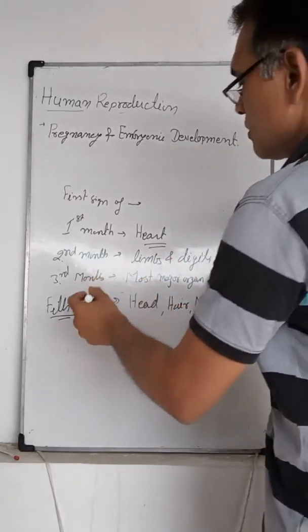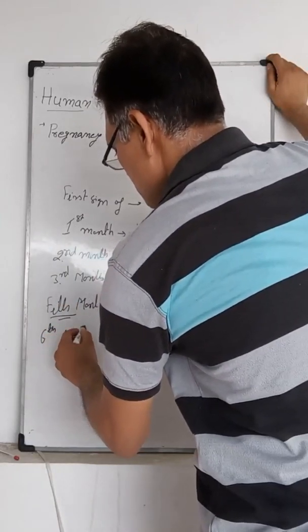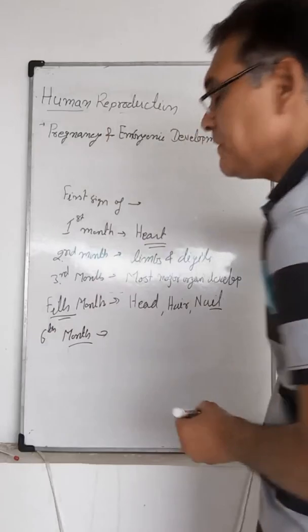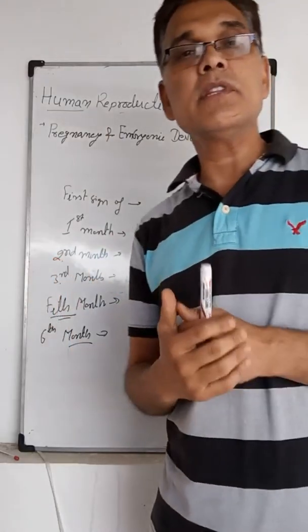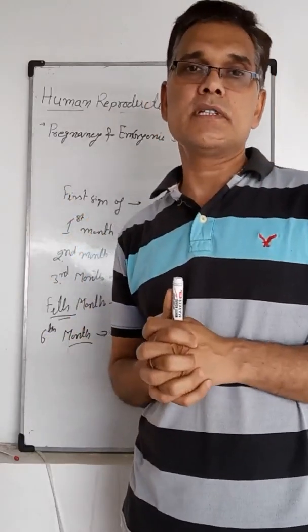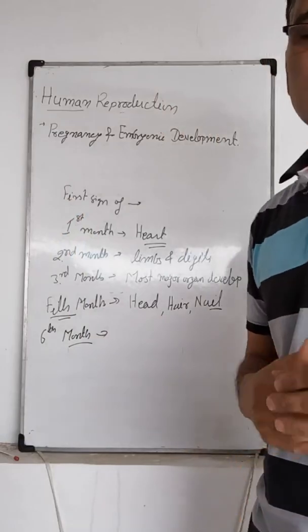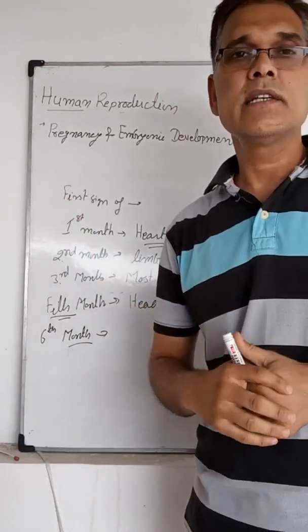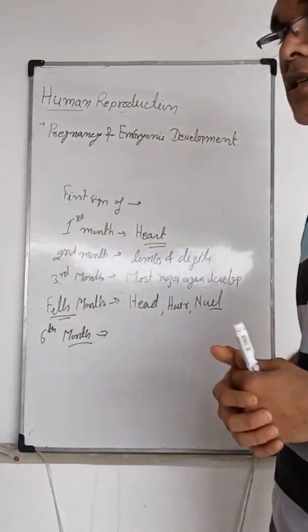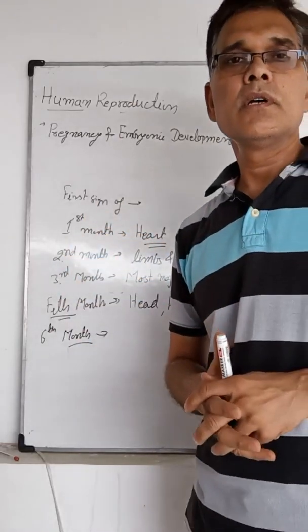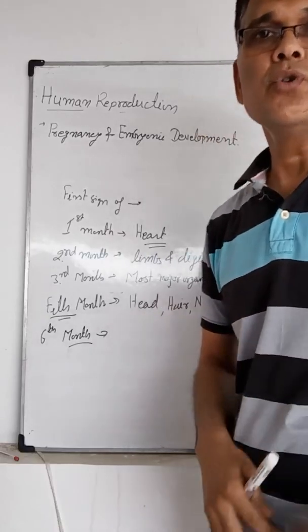After 6 months the fetus is completely developed, and in the 7th, 8th and 9th months growth occurs in the fetus. After the end of the 9th month, delivery or parturition of the child takes place. So during this gestation period of about 9 months or 270 days, the fetus completely develops into a new young one.